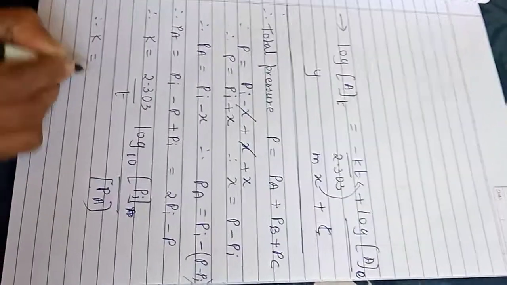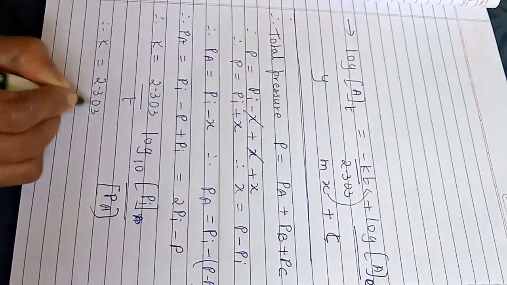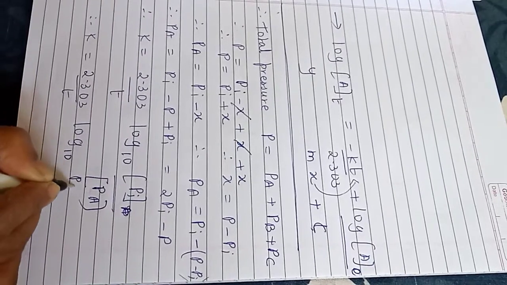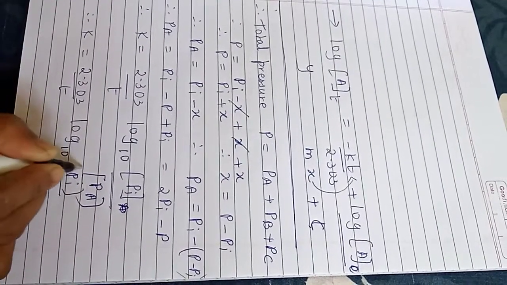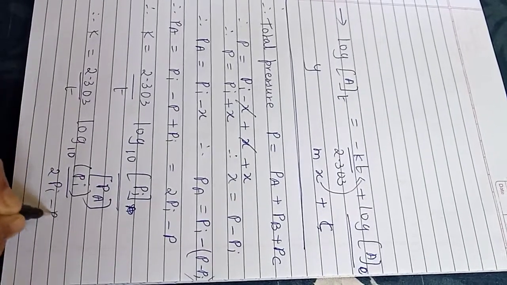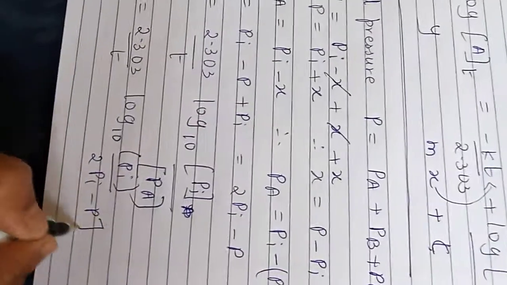Therefore k is equal to 2.303 divided by t log 10 P_i divided by P_A, which is what? 2P_i minus P. झालं. Ends the job. This is how you are going to write.